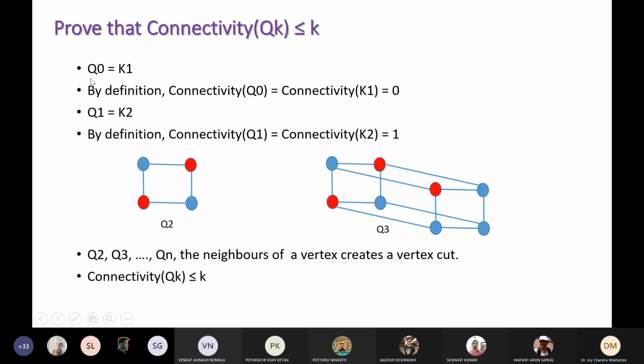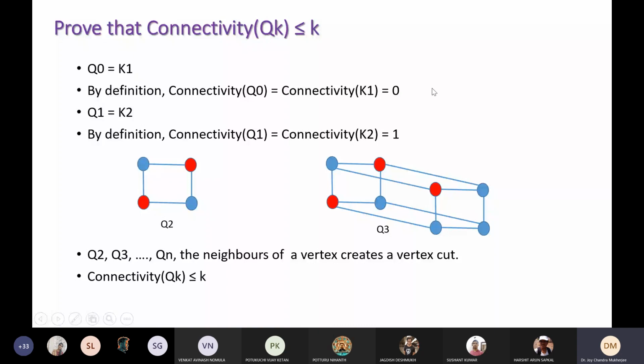First of all, if k equals 0, Q0 means there is a single vertex. So that is a complete graph of one vertex. And we know that for a complete graph Kn, the connectivity is n minus 1. So for K1 it will be 0. So for Q0 the connectivity is 0.